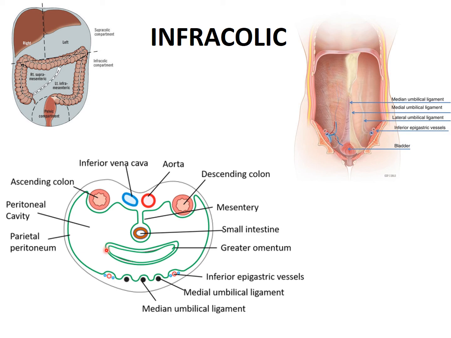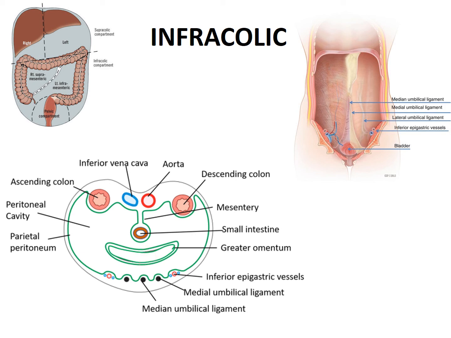Then in the anterior aspect, anterior to the intestine, there is the greater omentum. And the greater omentum, as we have seen in the tracings, is a 4-layered structure. There are 2 anterior layers and 2 posterior layers, and in between the 2 there is a lesser sac.